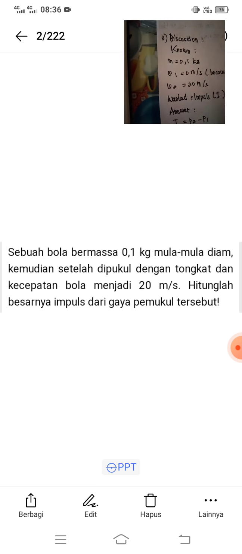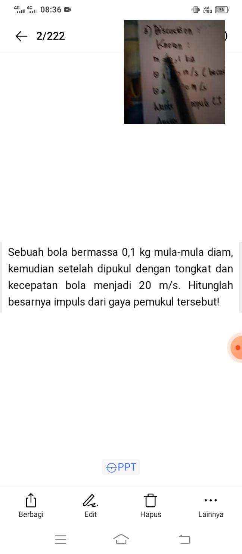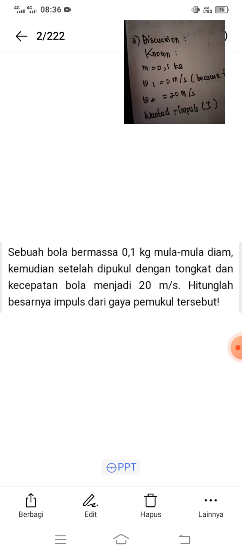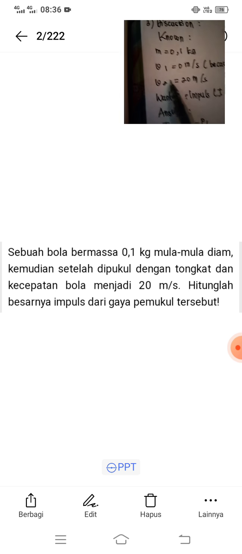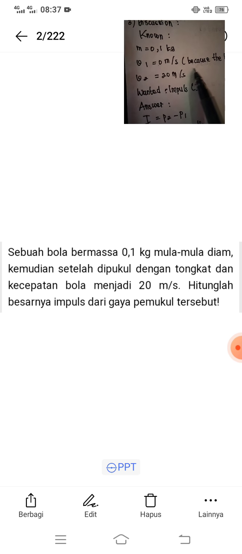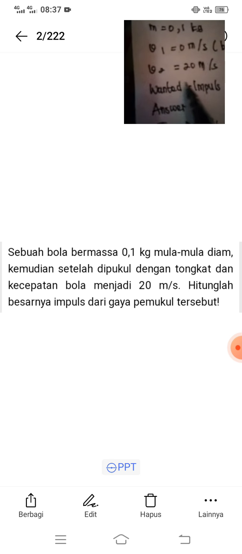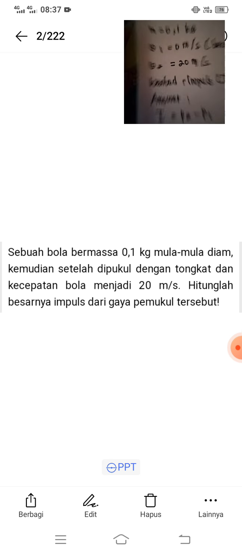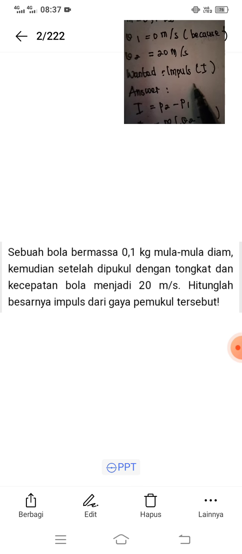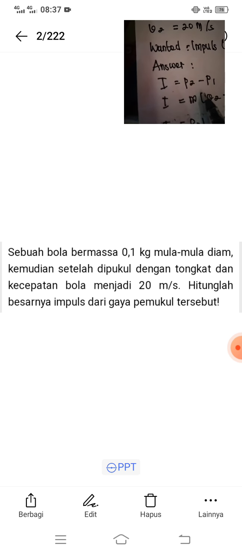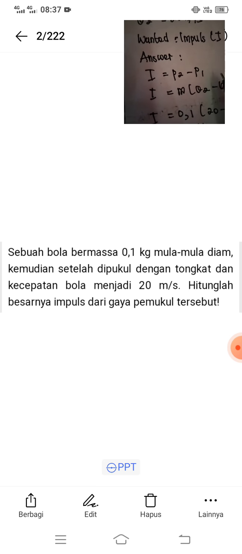From this question, it is known m is 0.1 kilogram. Velocity 1 is 0 meters per second because the ball is at rest at first. Velocity 2 is 20 meters per second. Wanted: impulse. Answer: I is momentum 2 minus momentum 1.